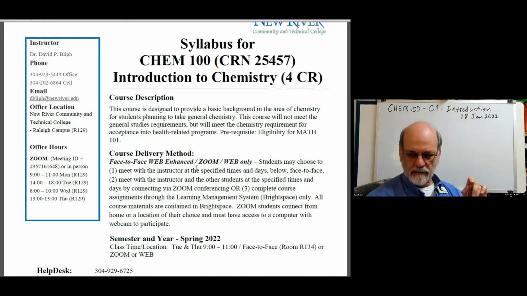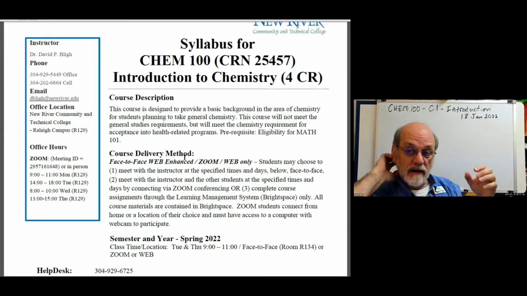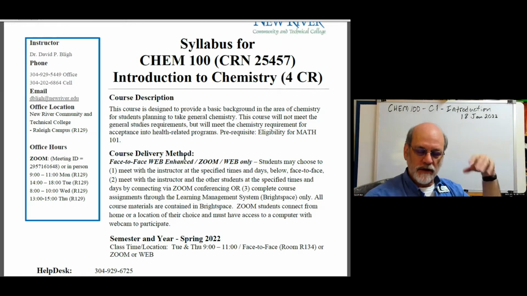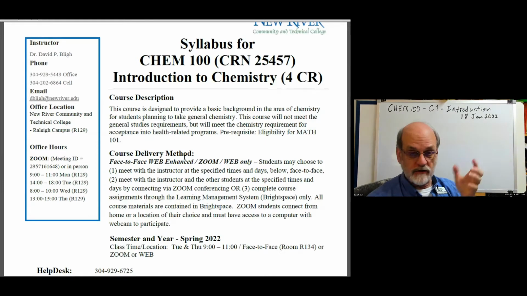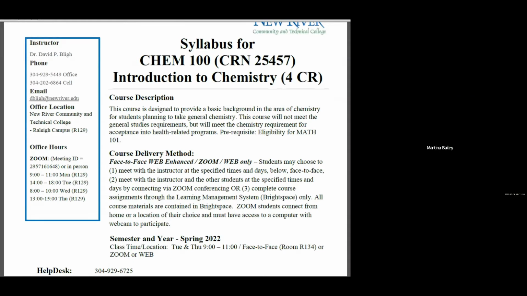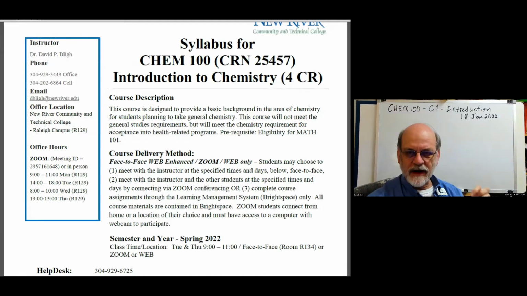And then I had a talk with the dean, and we decided that since there were so few students in either one of them, we combine the web-based only with this one and give students the option of attending any way they want. 3 options. I think I sent an email to that effect, didn't I? Yeah. Okay, good. Just checking to be sure that the email actually ended up at a student's address.